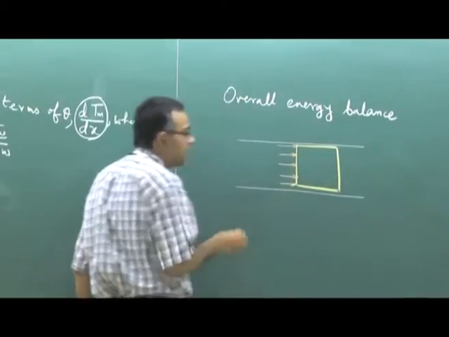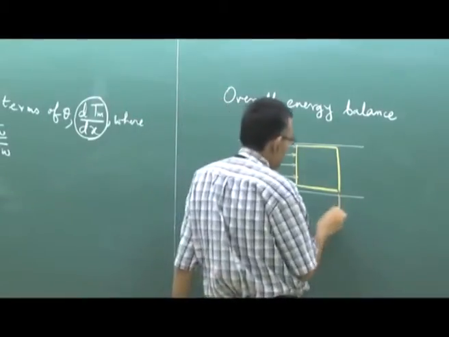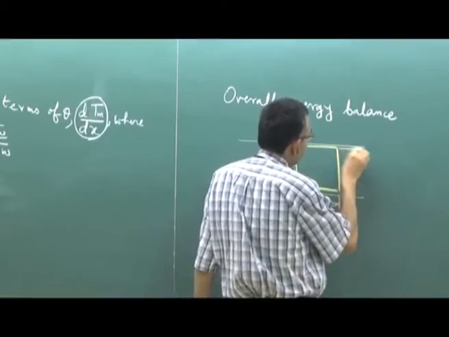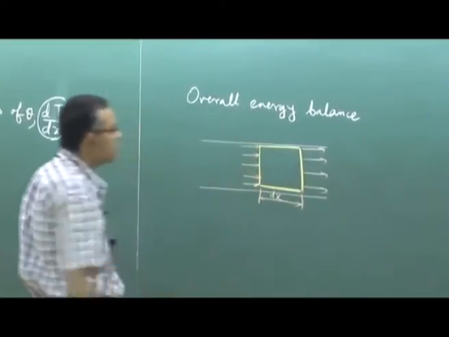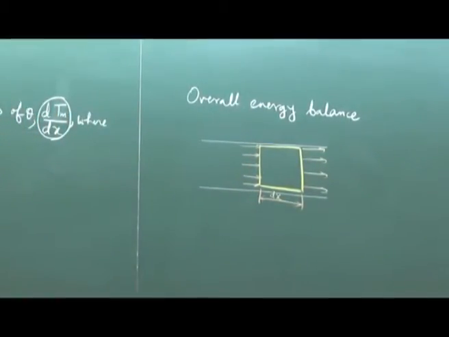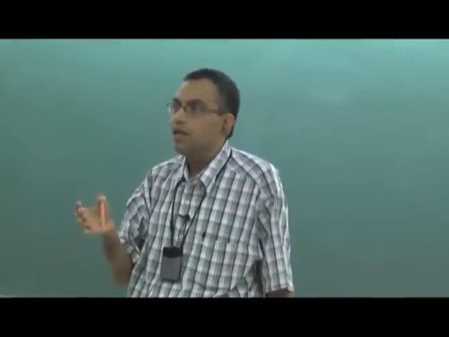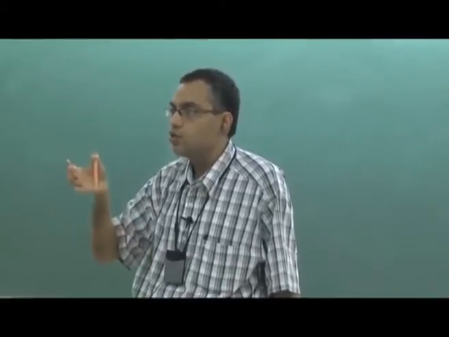There is some energy that is entering, let us say that this length is dx, and there is some energy that is leaving. What is the energy that is entering? The bulk mean temperature is an equivalent temperature which would have existed uniformly across the cross section to make the flow of the same energy as that of the actual case.